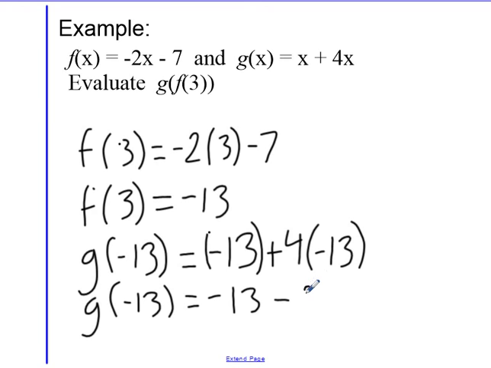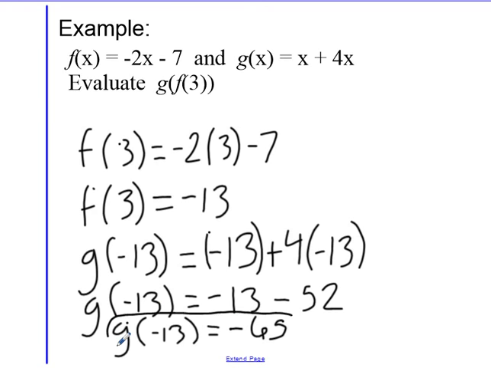So my answer of g of negative 13 will be equal to negative 13 minus 52. That would be negative 65. So there's my final answer. g of negative 13 is equal to negative 65.